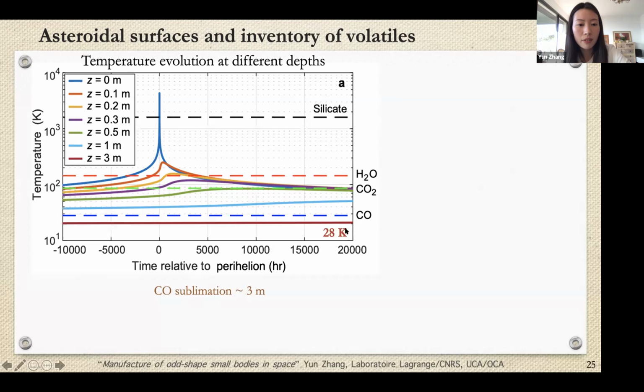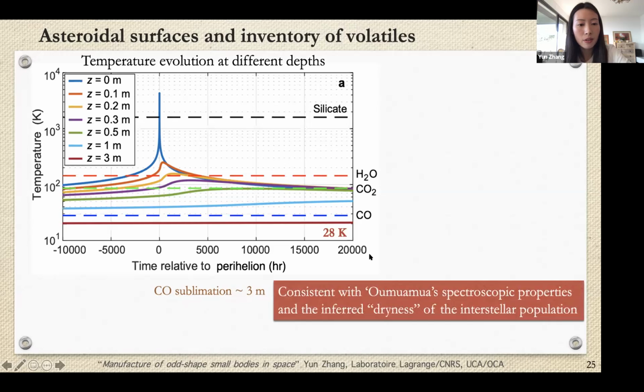As indicated by this red line, at 3 meters beneath the surface, the temperature can reach 28 Kelvin, such that a large fraction of low sublimation temperature volatiles such as CO can be depleted. If we consider Oumuamua as an elongated object of about 100 by 10 meters, this depletion will proceed into its whole body.